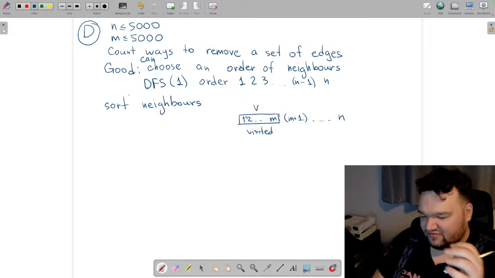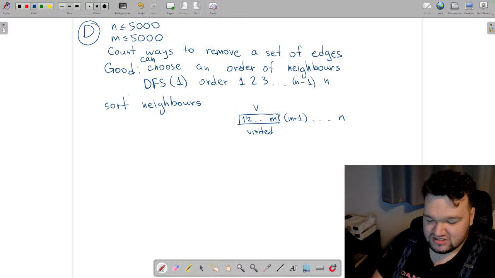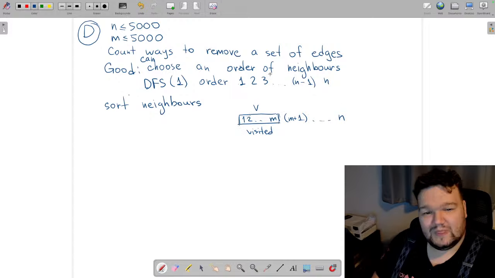We have already considered some edges from it, but obviously all of those edges were leading to this prefix. Because if we consider an edge to a not yet visited vertex, we just use it. So some of the edges to this prefix are considered. There might be some other edges from vertex v.